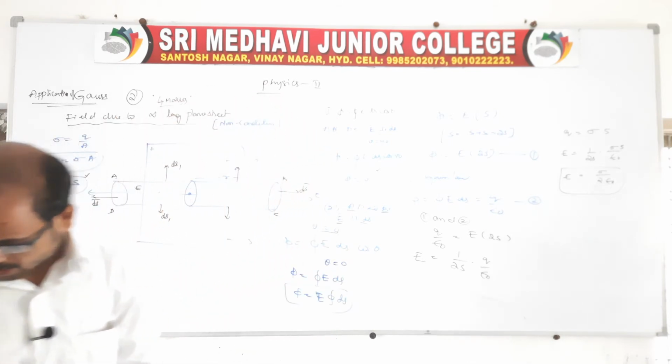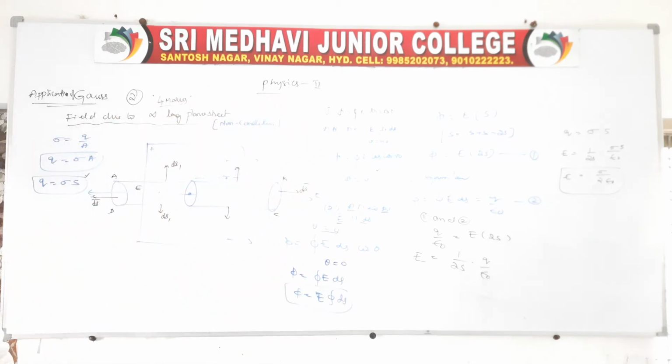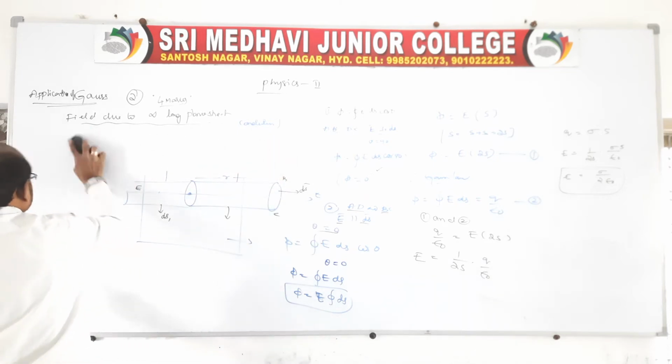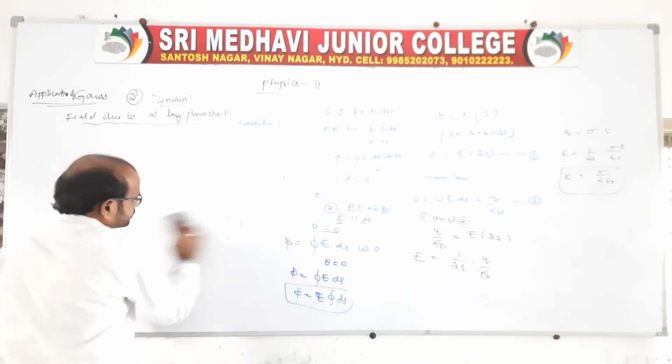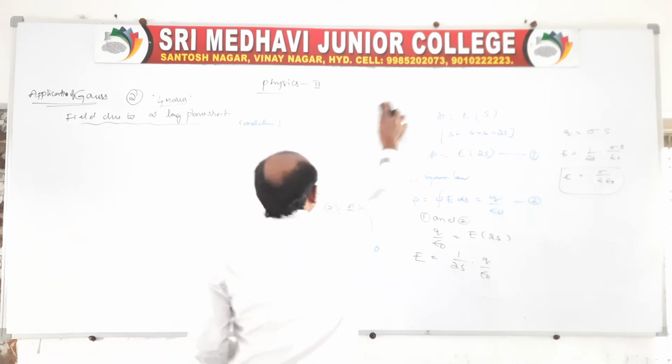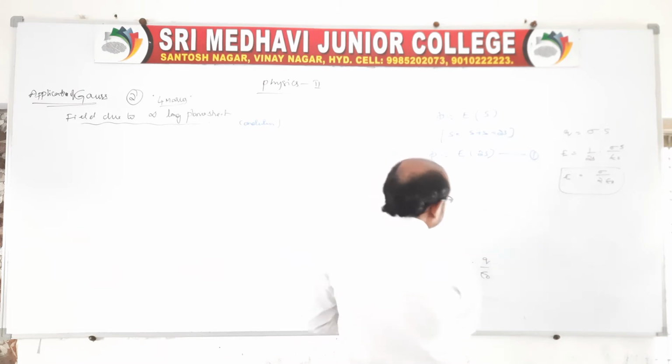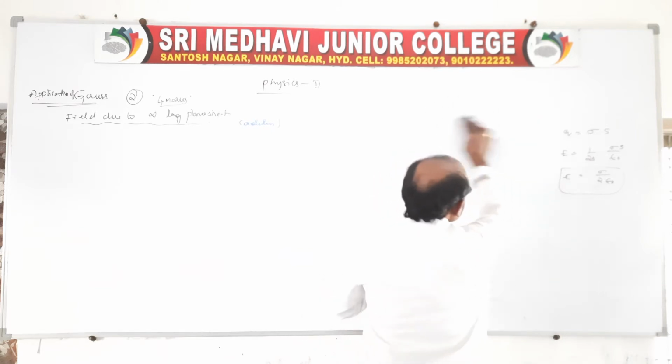So this is about a non-conducting sheet, right? We can also take one more, for a conducting sheet. Sir, for conducting what happens? See, you take one conducting sheet. Now you take a conducting one. Derivation is not required, we can apply directly, because we know for non-conducting, E is equal to sigma by 2 epsilon naught.